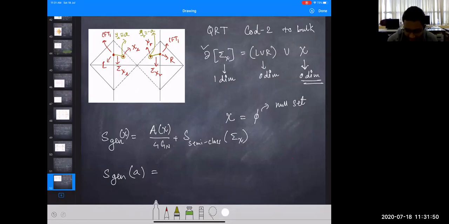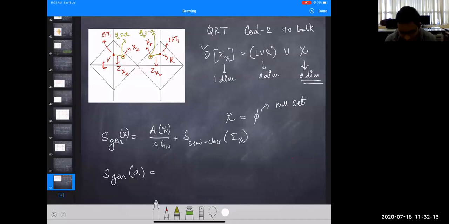Just believe me that the extremal surface also lies on the same time slice as the boundary. So if my boundary L system is at a time t, my extremal surface is also at a time t in y coordinates. This just happens, and you can verify it later. But I just want to do extremization in only one parameter, so I'm reducing the parameters for simplicity.